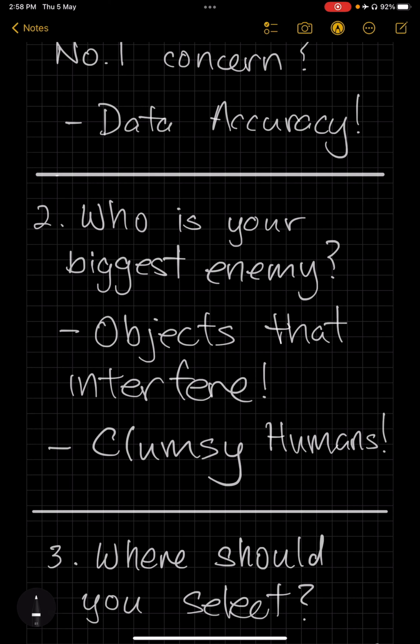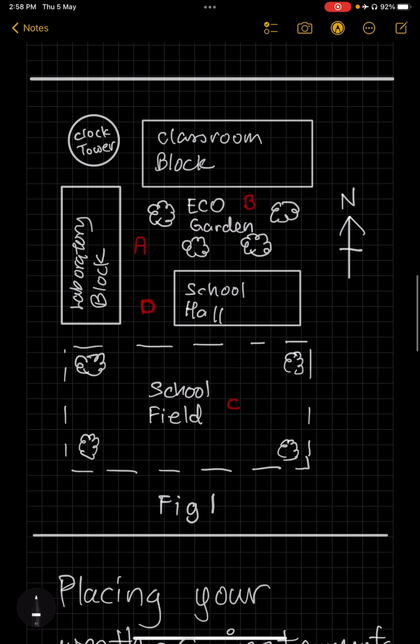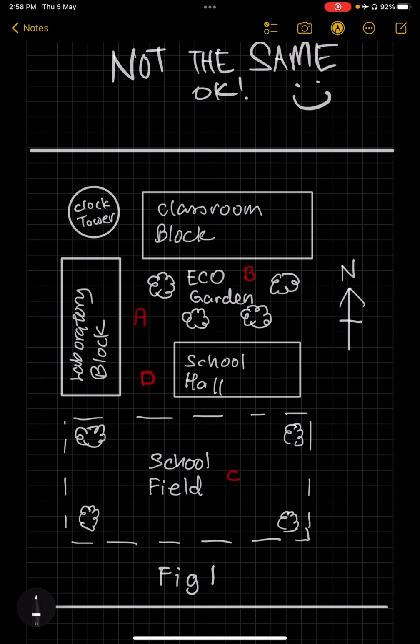So if you look back at figure one, where are these things then? Let's take for example location A. Would it be ideal if I was to conduct rainfall detection at location A? Technically, it's not really covered. It's not inside a building. It's not under a tree.